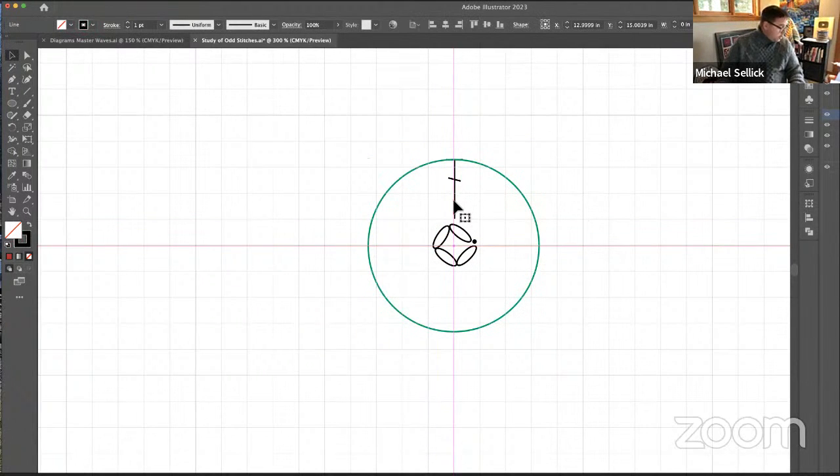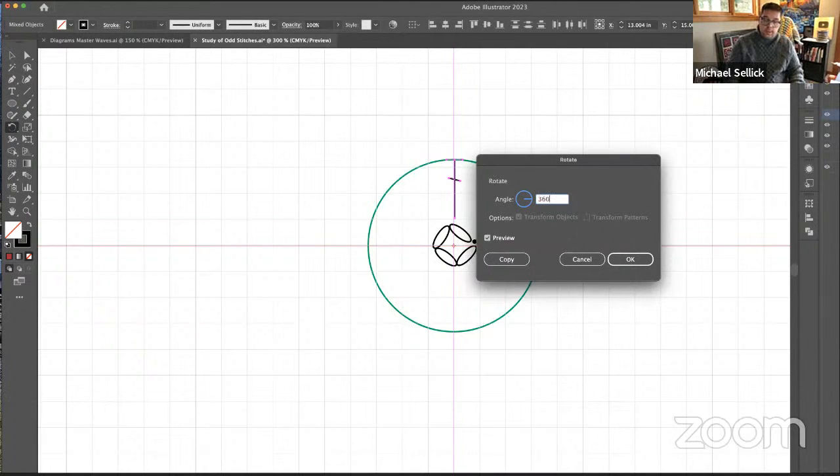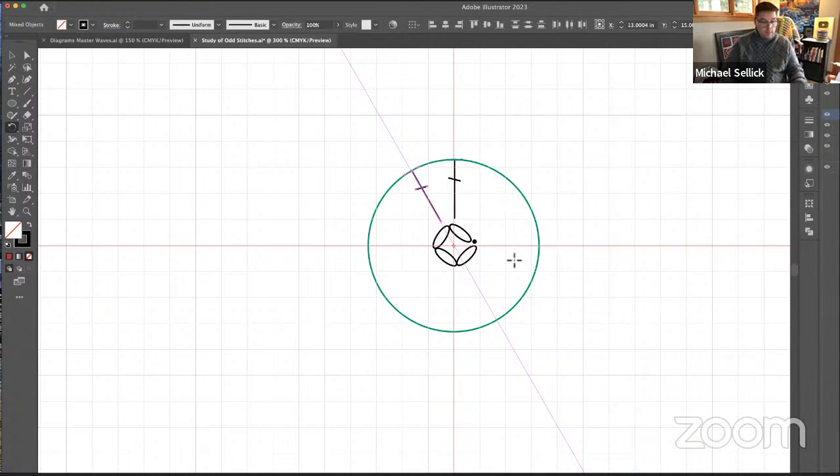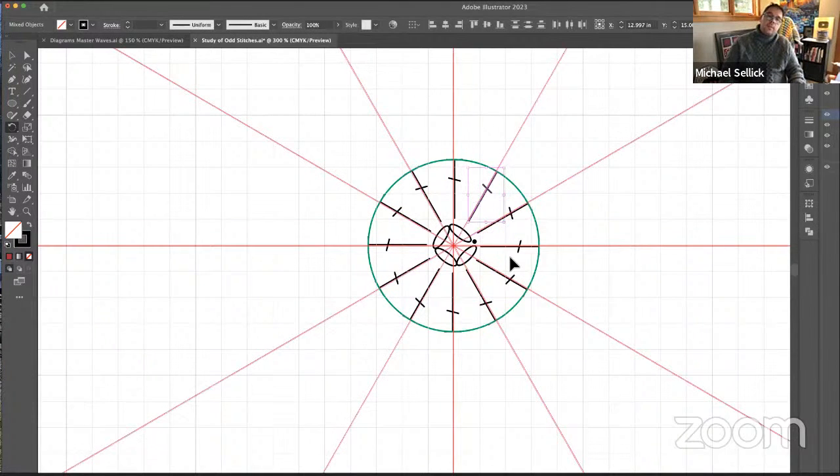Okay, so there are 12 points on the calendar here. So 360 degrees divided by 12, and then I'm going to copy that around and Command D, so I don't worry about the chain one spaces. Oh, shoot.